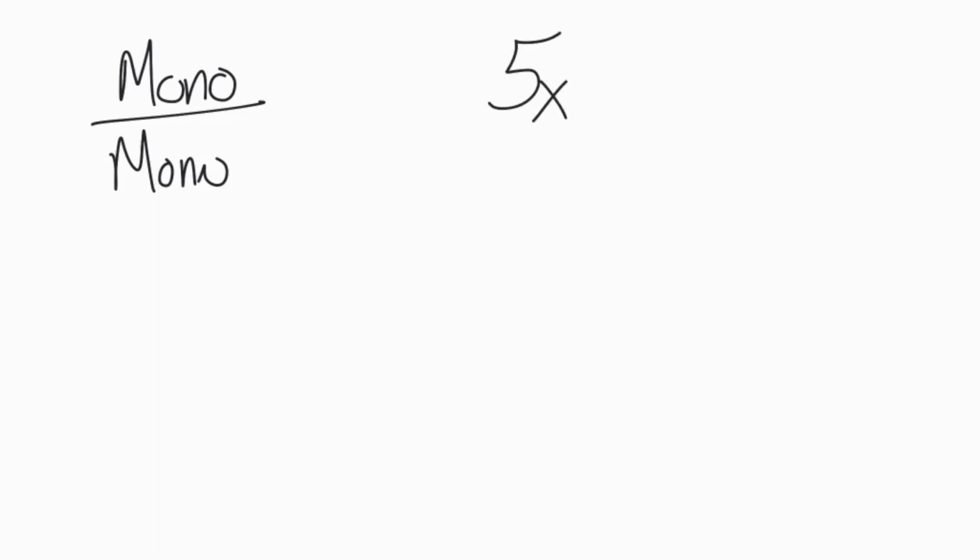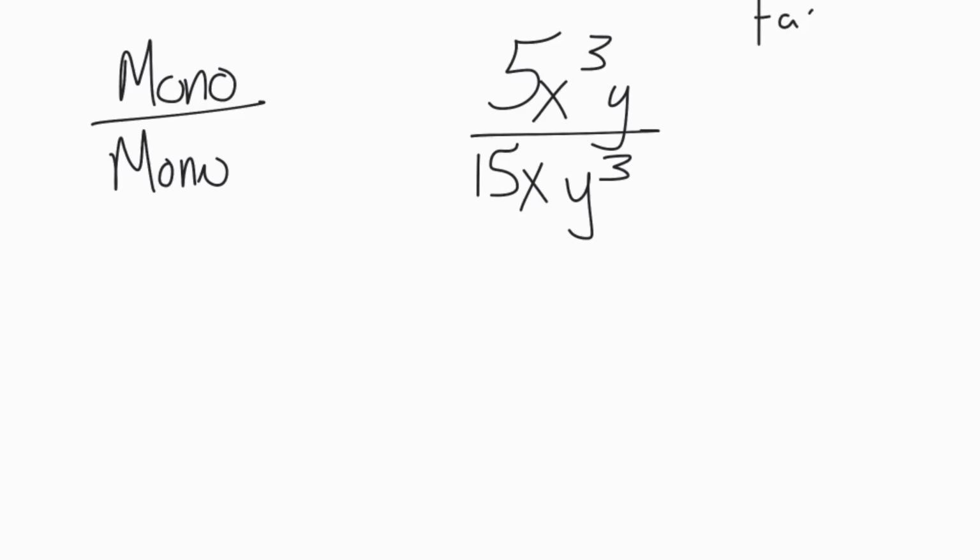Let's go a monomial over a monomial. We did this back in chapter, I think it was 5. But let's say we have a 5x to the third y over a 15x y to the third. What we do is we factor this all out to get nothing but multiplication between all terms.